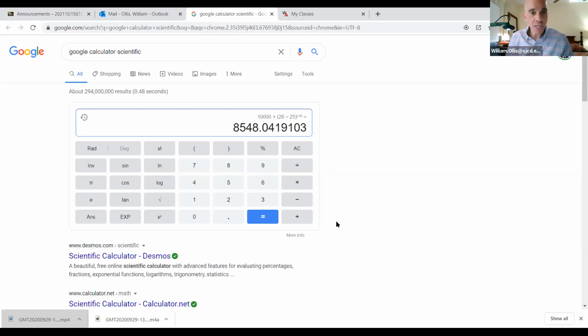If you need to use a symbol like the pi or the natural base E, then you must use those symbols. E on the keyboard will stand for the natural base, but you have to use the Greek pi for pi. So now this will imply $8,548.05. So let's go back to the document cam.